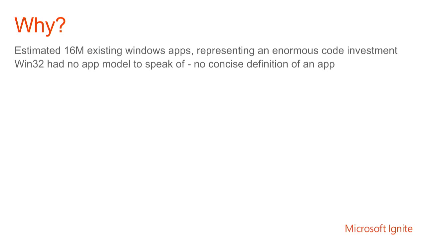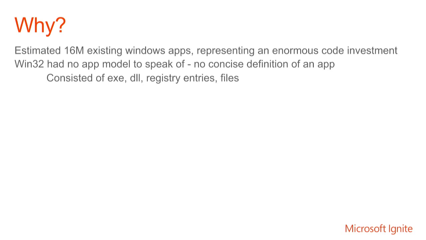And then something maybe a little more contentious. Win32 doesn't have what we'd refer to as an app model or a concise definition of what an application consists of. There will probably have been at least one executable, a number of DLL files, a number of registry entries, a number of maybe config files. So as you go through the installation process, you're kind of putting your fingers out into lots of different parts of the operating system.